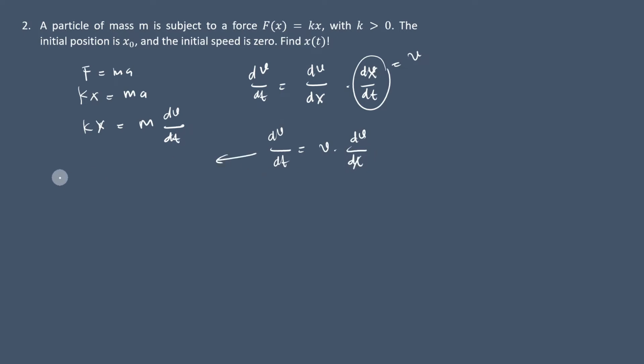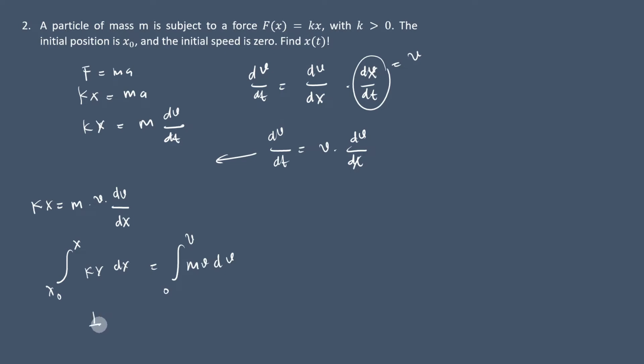Writing it again, kx equals m v dv/dx. Separating variables and integrating, we get the integral from x0 to x of kx dx equals the integral from 0 to v of m v dv.